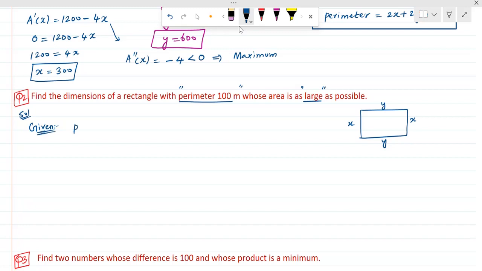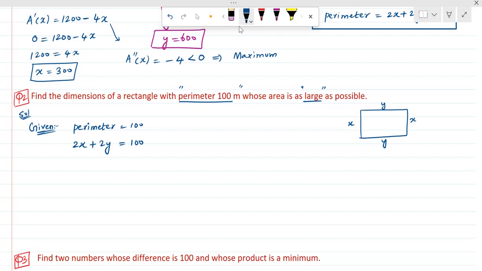First of all, what is given? Perimeter is 100 meters. So what is the perimeter here? You have a complete area, so you will have 2x and 2y. But in the last problem, one side was a river, as mentioned in the question, that's why we did not take y. But here 2x plus 2y equals 100.